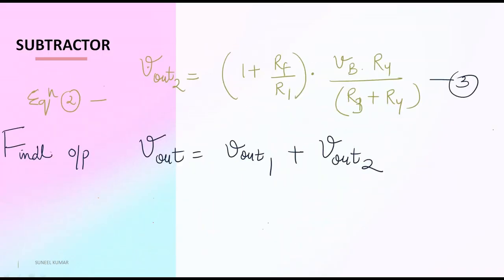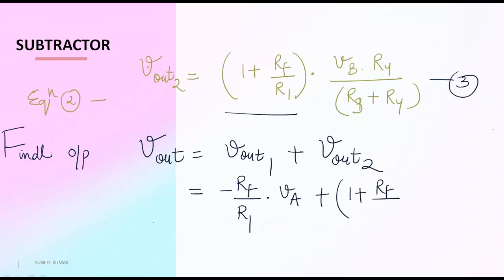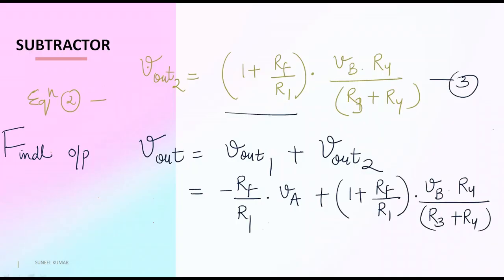What is V output 2? It is this one. So we can write minus RF upon R1 into VA plus 1 plus RF upon R1 into VB into R4 divided by R3 plus R4.